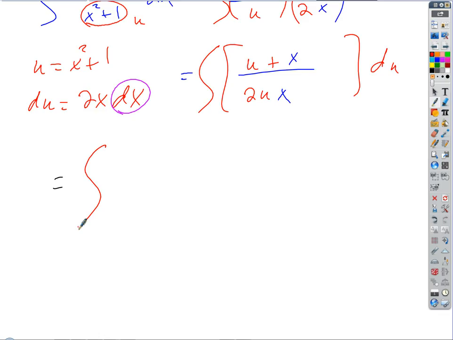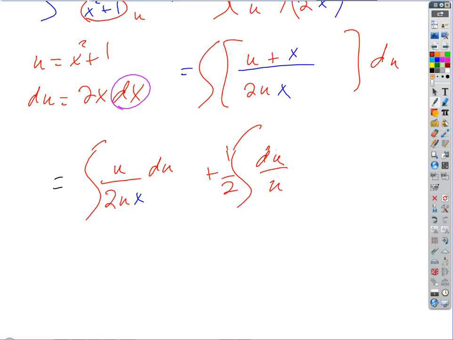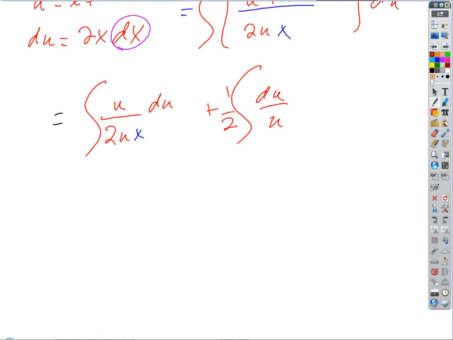So I'm gonna end up with the integral of u over 2ux du, plus the integral of x over 2ux, which is just 1 over 2u times du, so du over 2u. And these cancel, right? Okay, good. But now what?